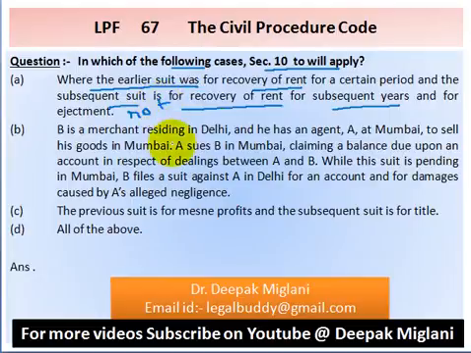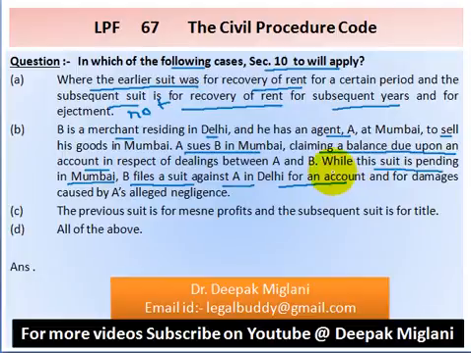Option B, B is a merchant residing in Delhi. He has an agent A at Mumbai to sell his goods in Mumbai. A sues B in Mumbai claiming a balance due from an account in respect of dealings between A and B. While this suit is pending in Mumbai, B files a suit against A in Delhi for an account and for damages caused by A's alleged negligence.